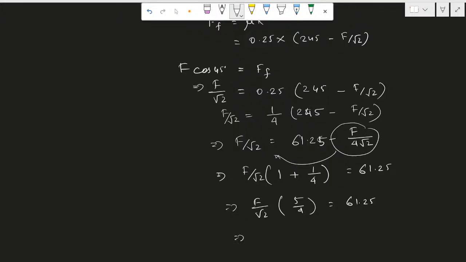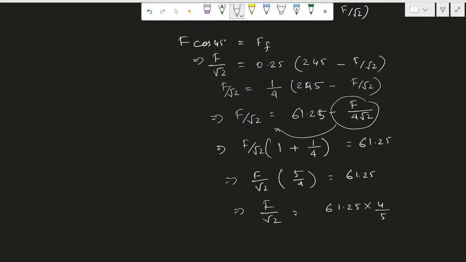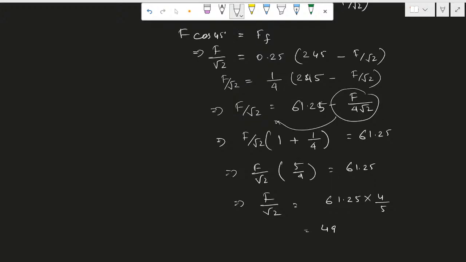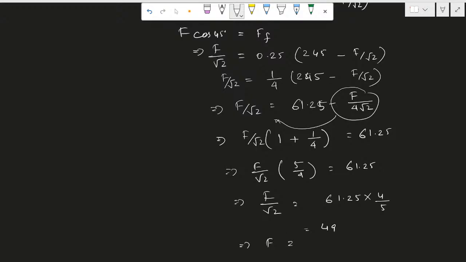Therefore F by root 2 is equal to 61.25 into 4 by 5, which becomes 49. Therefore F is equal to 49 root 2, that is 69.29.